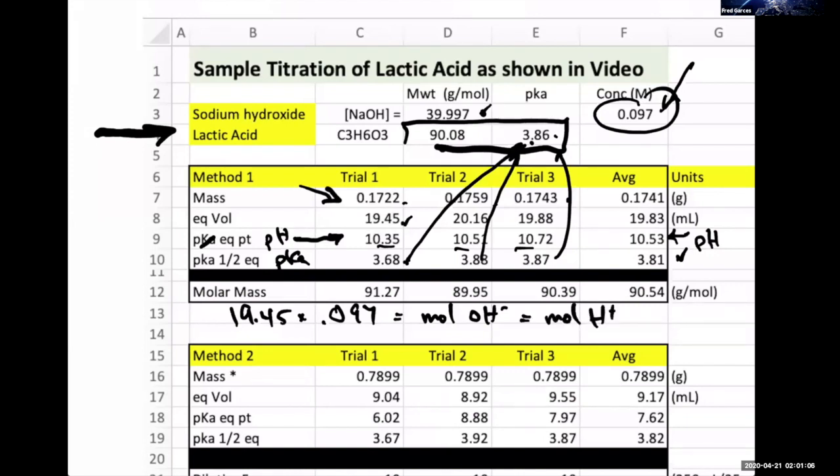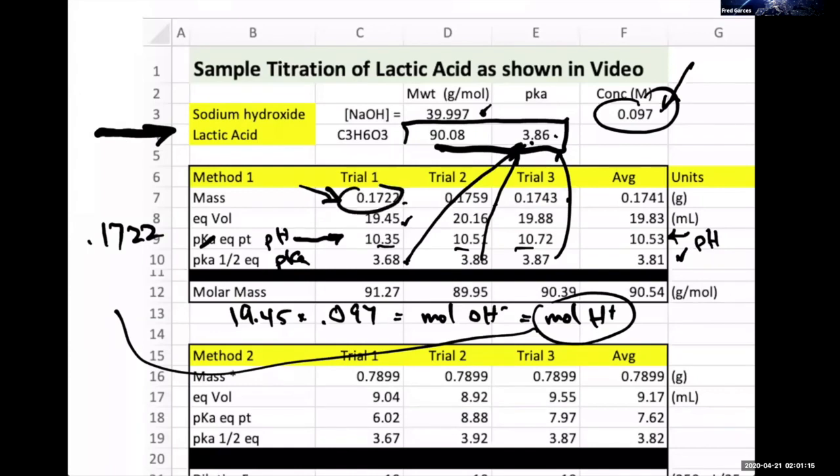So if I take this mass, 0.1722, because that's the mass that I'm using, and I divide by this moles right here that I calculated, then that ratio comes out to 91.27. This is the mass of the acid. This is the moles of the base, which is equal to the moles of the acid. The mass over the moles is the molar mass. And you can see that 91.27, 89.95, 90.39, it's pretty close to 90.08.